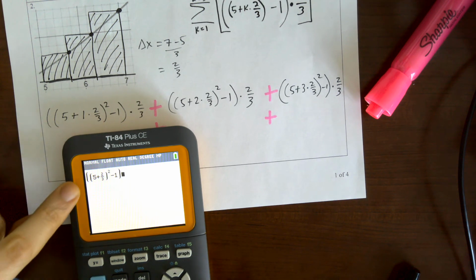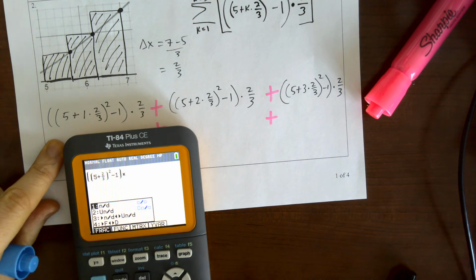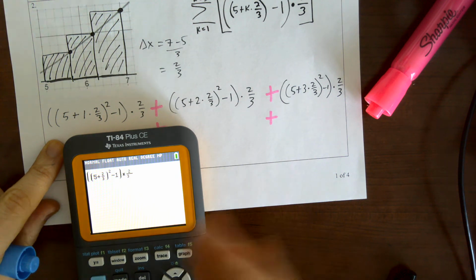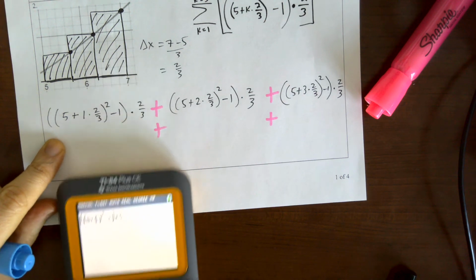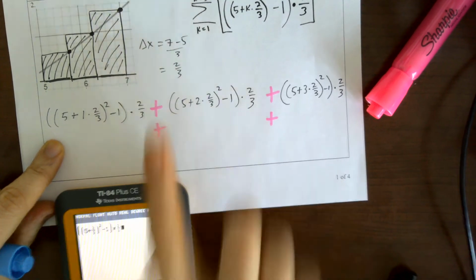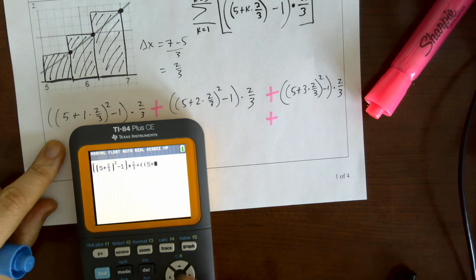I'm closing that first parentheses, and then times 2/3. Actually, I'll just do the whole thing right now instead of hitting enter. So now I'm going to do this plus sign. I'm opening up 2 parentheses, 5 plus 2 times 2/3, which is 4/3.